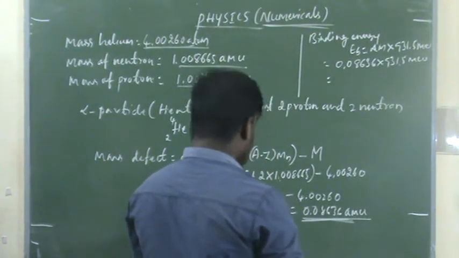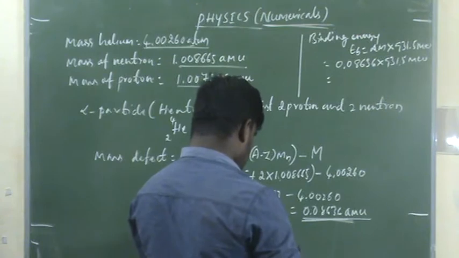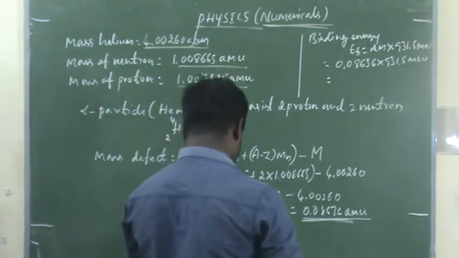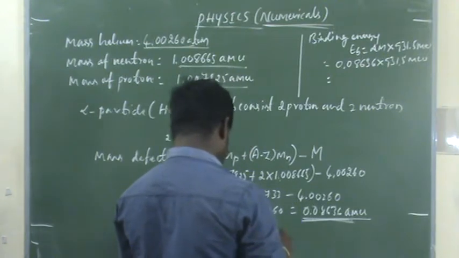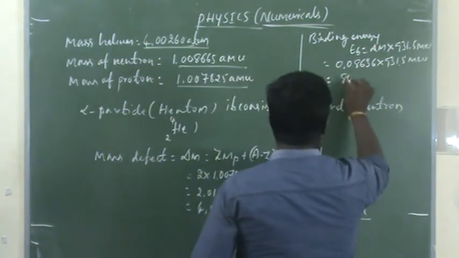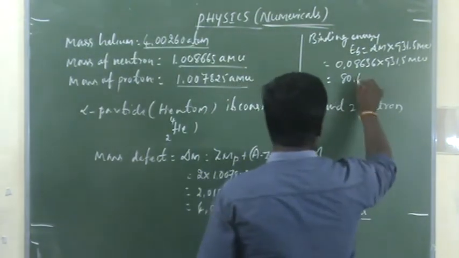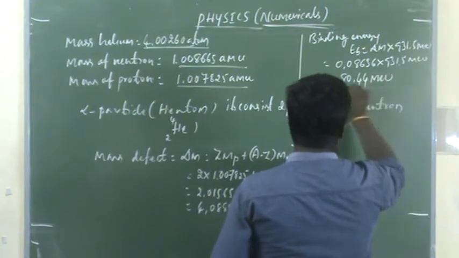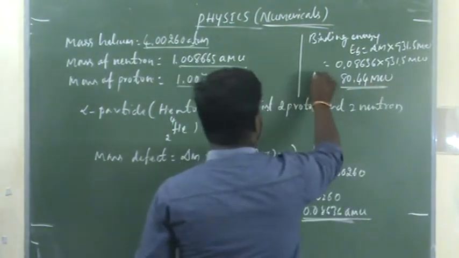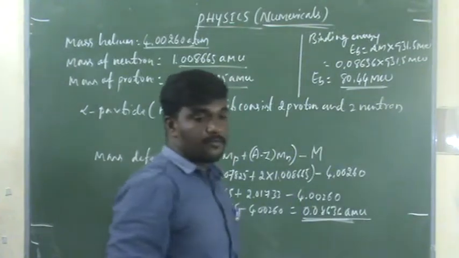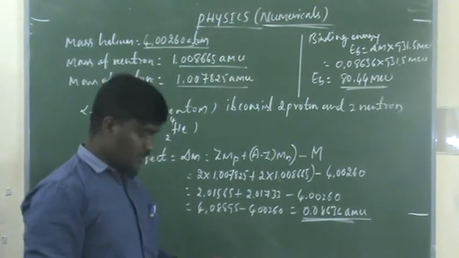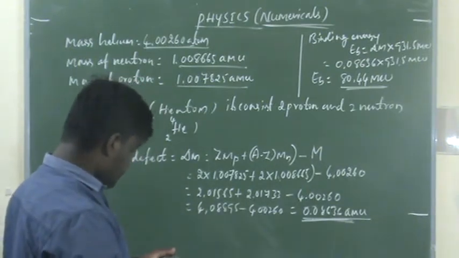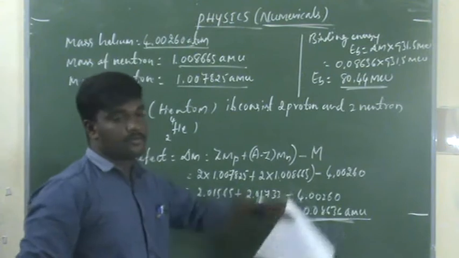So that is 80.44 mega electron volts. This is the binding energy in mega electron volts. Clear? This is the final answer we got.